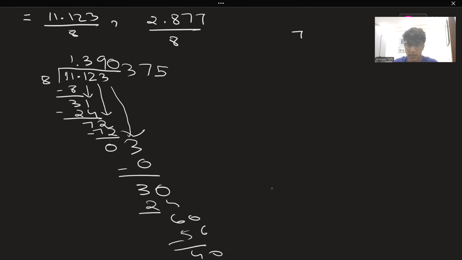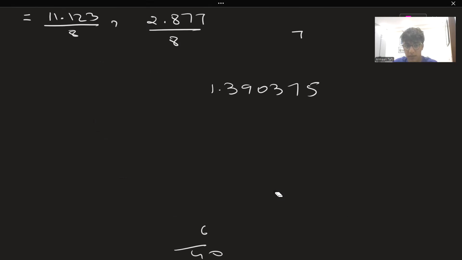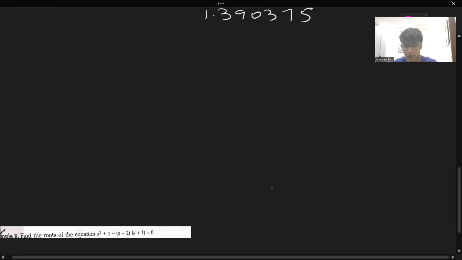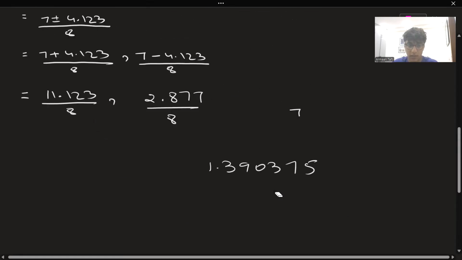Let me just write down the number here and delete this part of it. You don't have to do it to so much accuracy, but I prefer to do it, and some of you may as well, because if a number ends in a 5 or something, you know that you've done it correctly, because a number divided by 8 is never recurring.